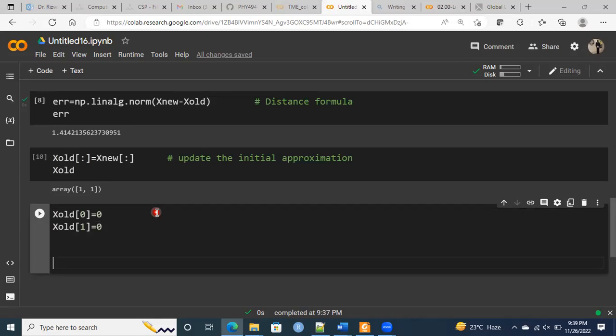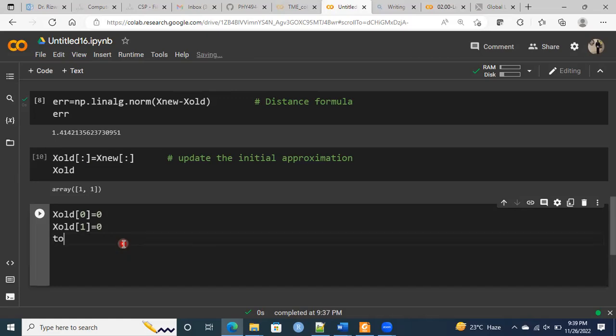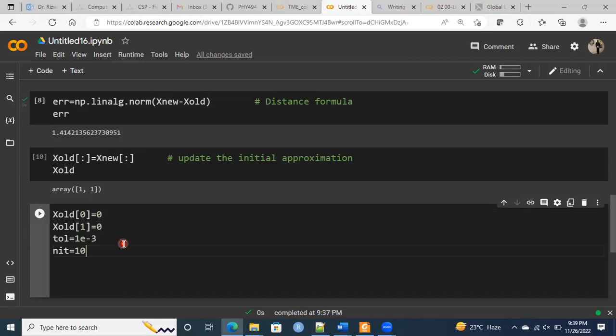And now I'm going to write it in the algorithmic form. So I have to first set a tolerance level. I say it is 1 exponential minus 3. I say number of iterations. So for the time being, say five iterations.